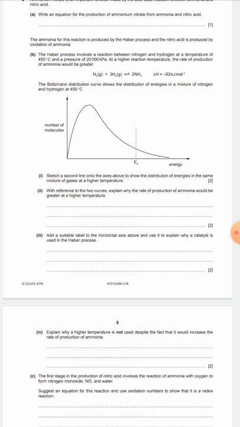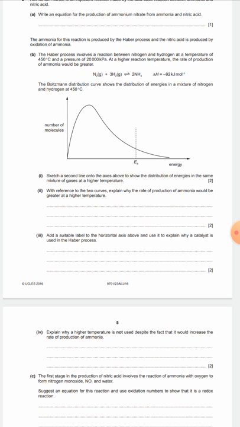Let me tell you something. Don't ever confuse equilibrium and rate. They are not from the same perspective. Rate of reaction is due to the movement or kinetic energy of the molecules, and equilibrium is about the yield, the relative amount of reactants and products.